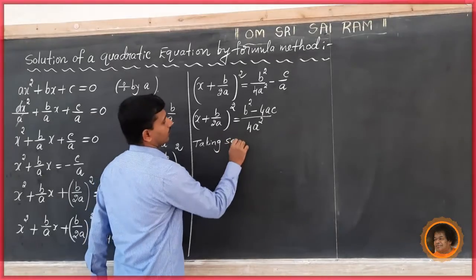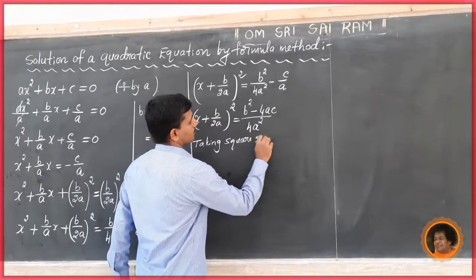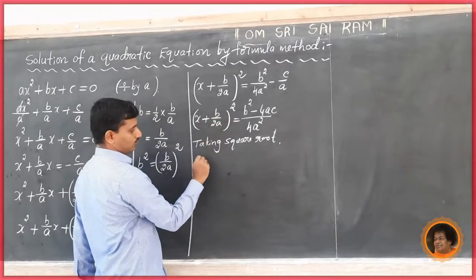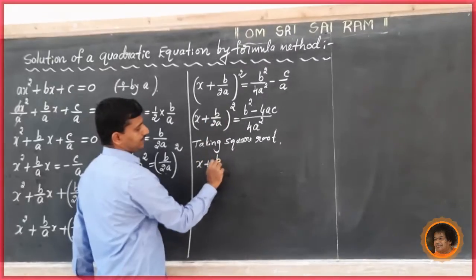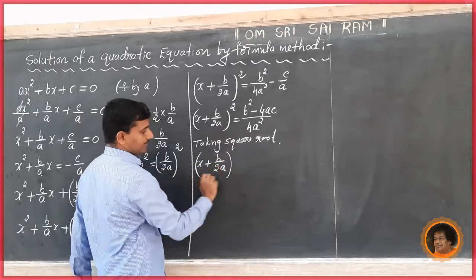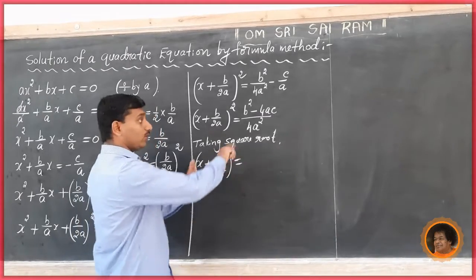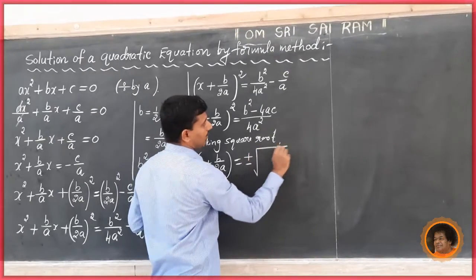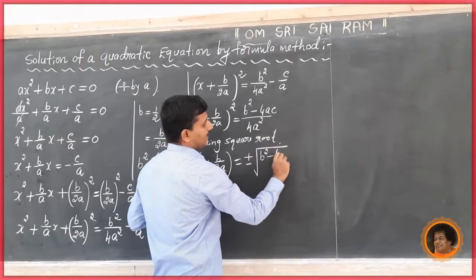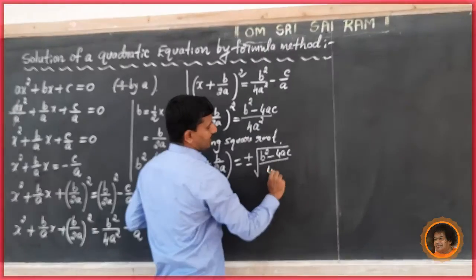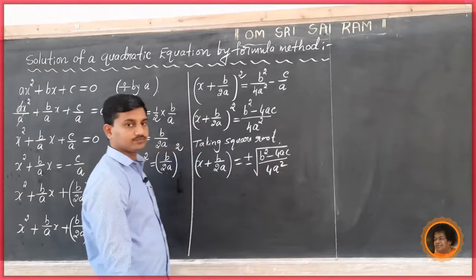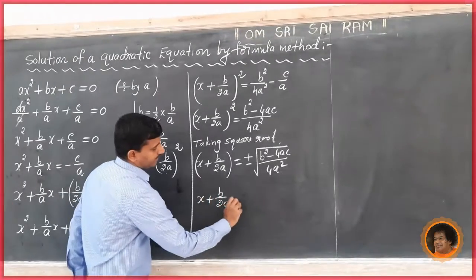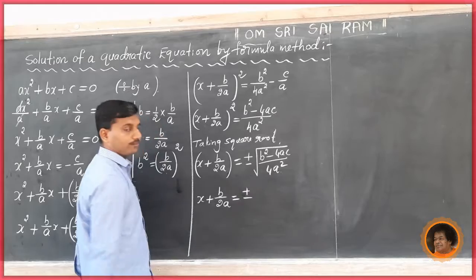Taking the square root on both sides, (x + b/2a)² gives x + b/2a equal to plus or minus the square root of (b² − 4ac)/4a².